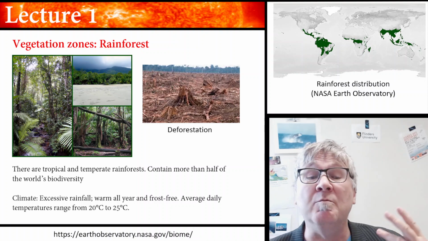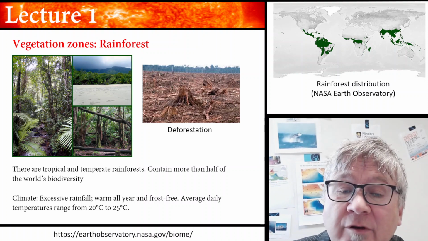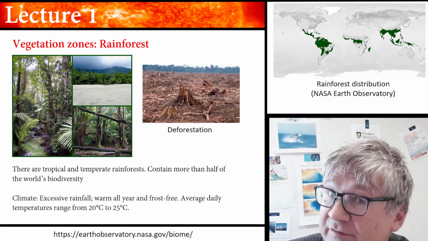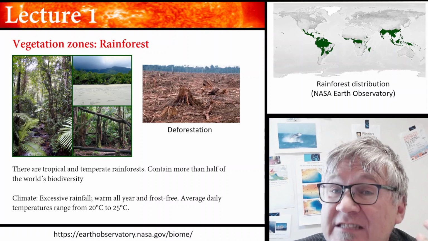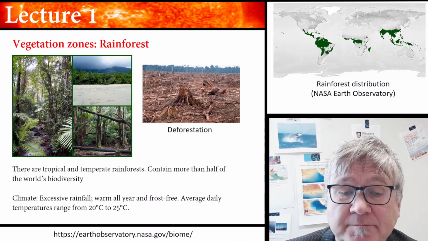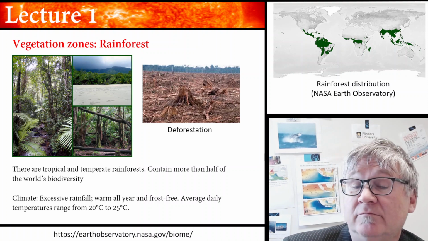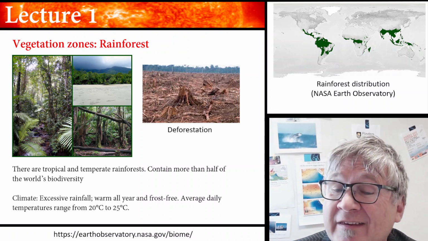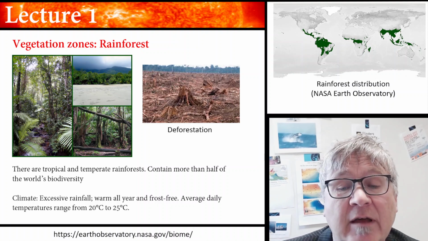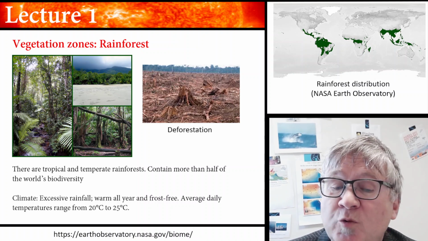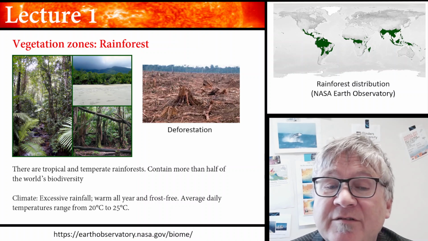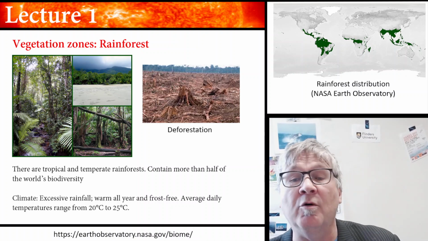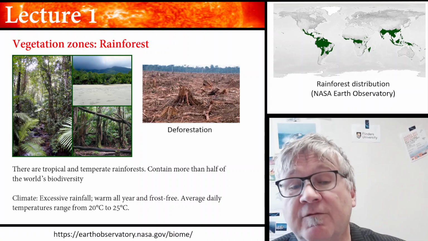The rainforests contain more than half of the world's biodiversity. It's the range of species that you have. Okay? Climate is characterized by excessive rainfall, warm all year, and frost-free. Average daily temperatures range from 20 to 25 degrees Celsius, and you'd all know about the problem with deforestation.